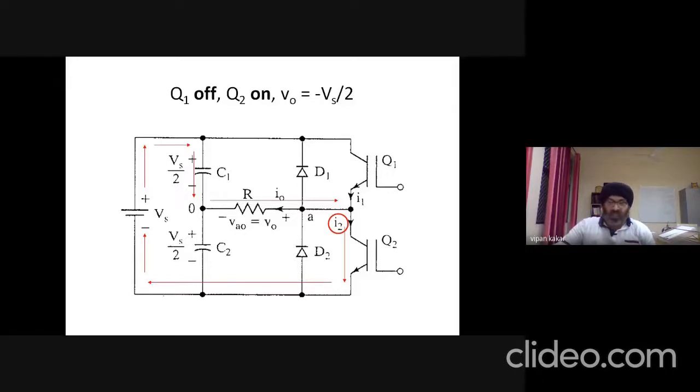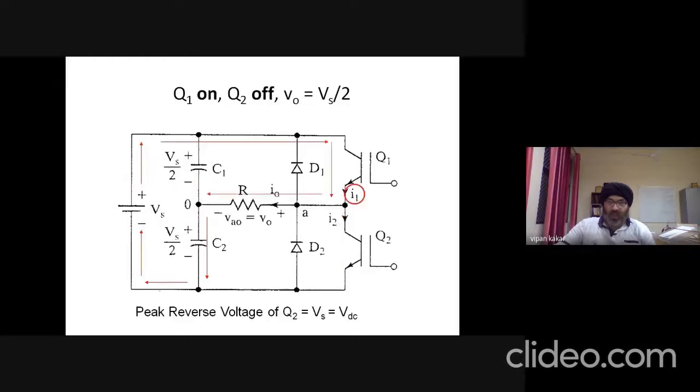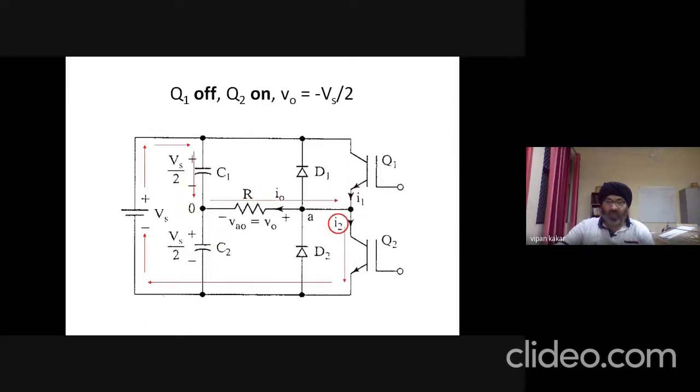So we can see the difference: in the previous case, the direction of the flow of current was from right to left. In this case, it is from left to right. So the voltage across this load will be opposite compared to the previous one.